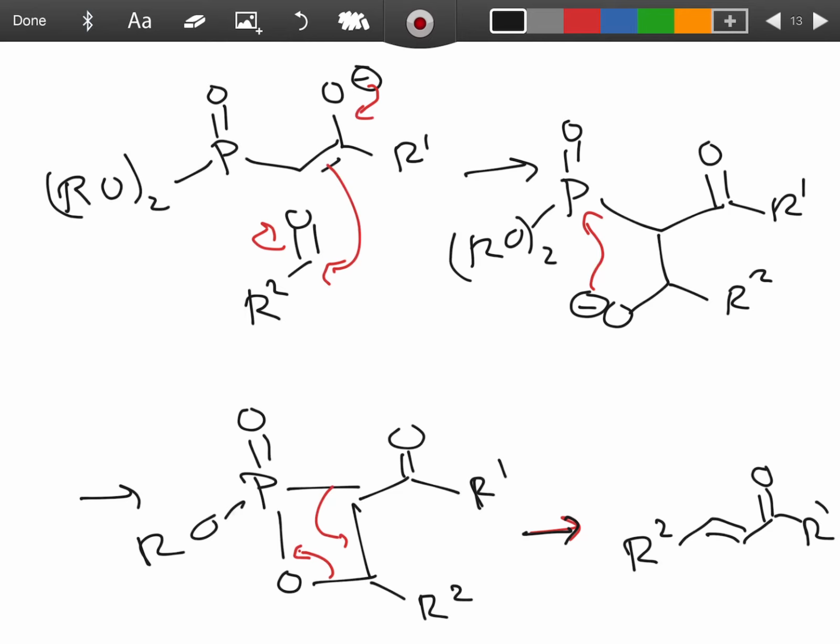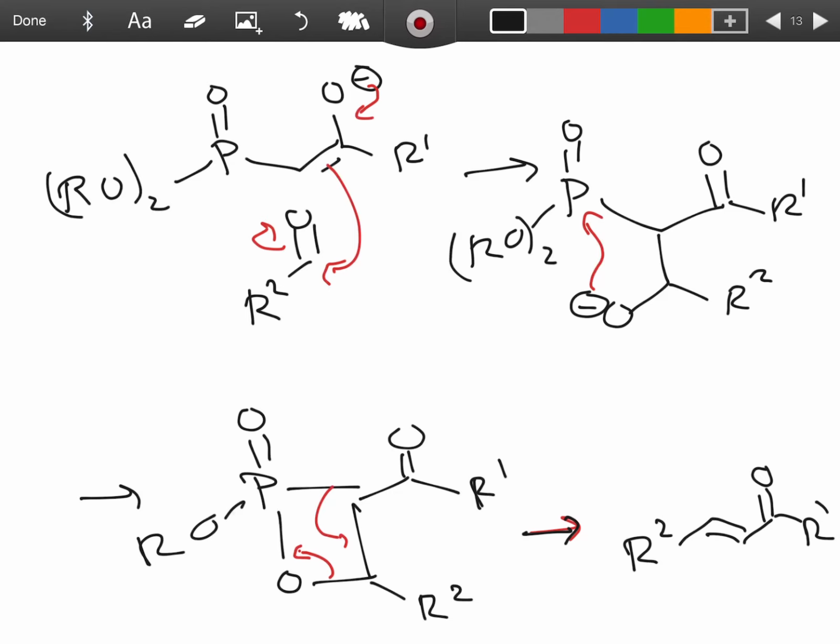And that slide that I put up for a second, that looked super busy, explains the selectivity, how you get E versus Z. I needed to show you the basic mechanism before I hit you with that. So does this make sense? You're just getting to that O minus in a slightly different way than you did from the base Wittig mechanism. But you get to that four-membered ring, and then it falls apart, and you get your trans double bond.